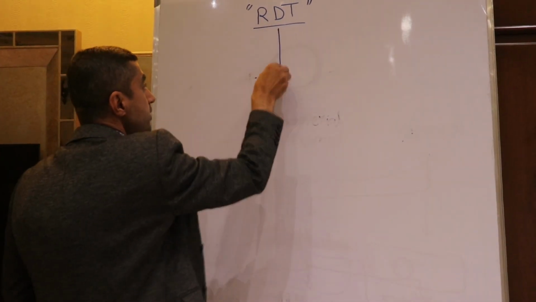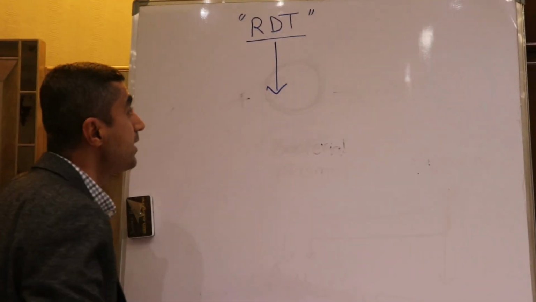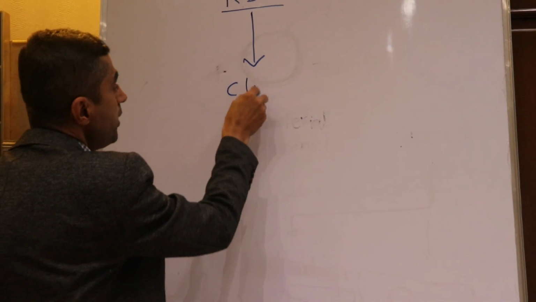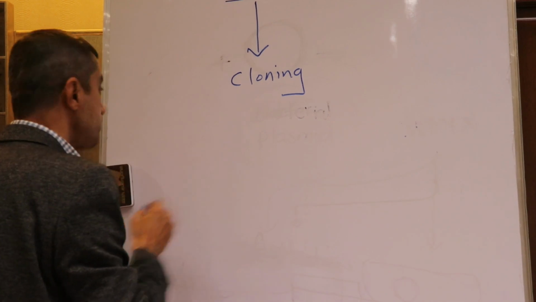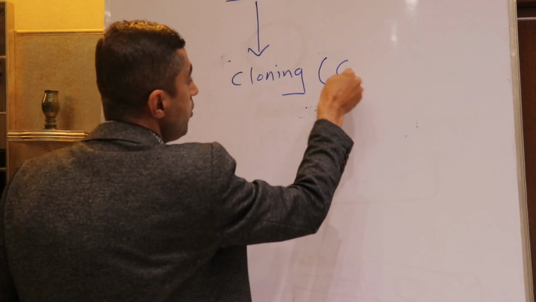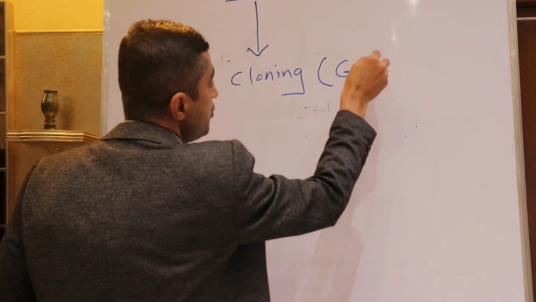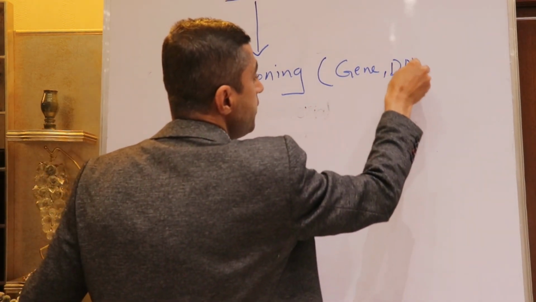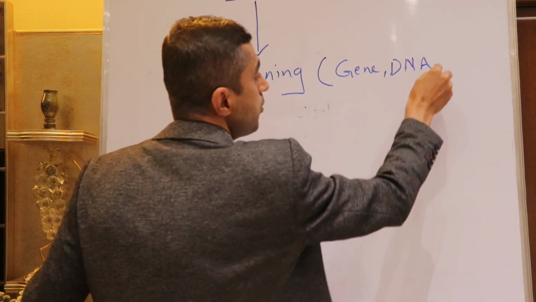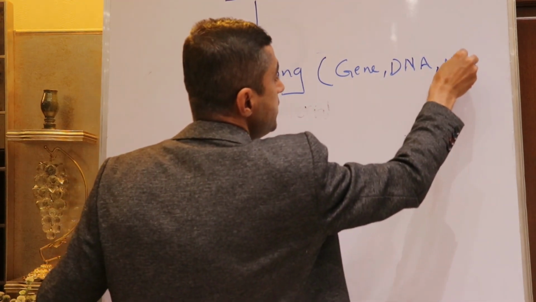The most important thing in recombinant DNA is cloning. Cloning is also called gene cloning or DNA cloning or molecular cloning.